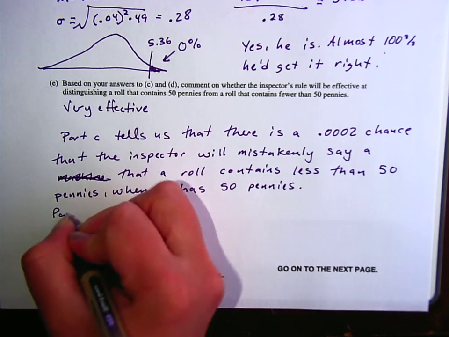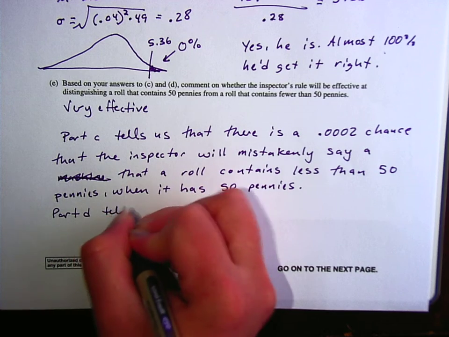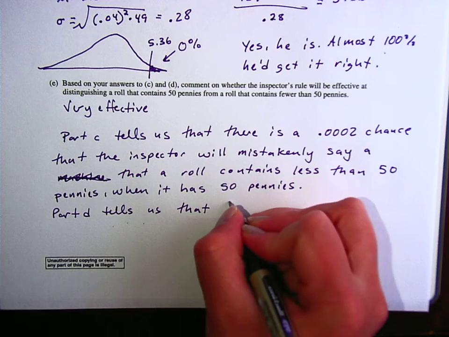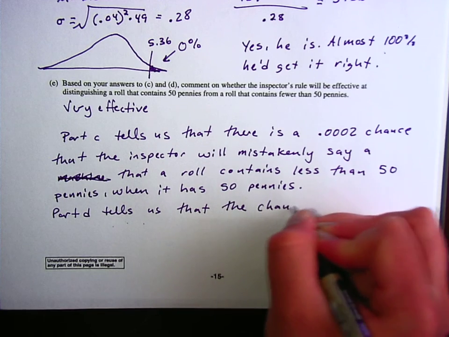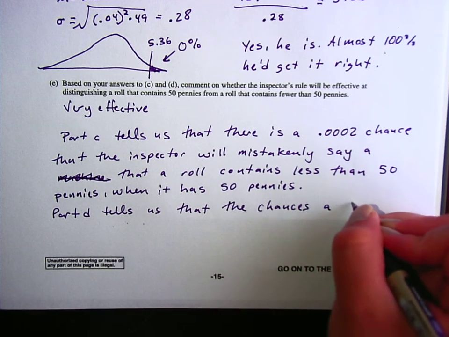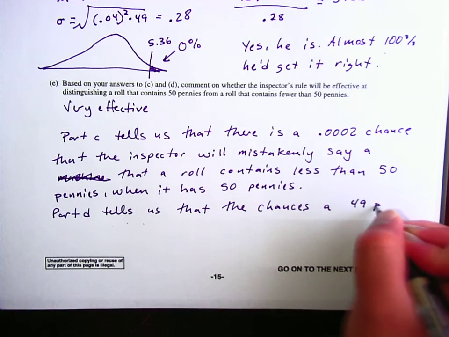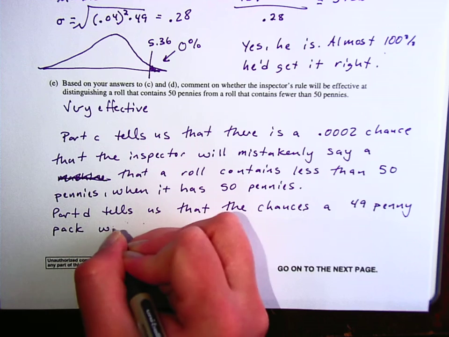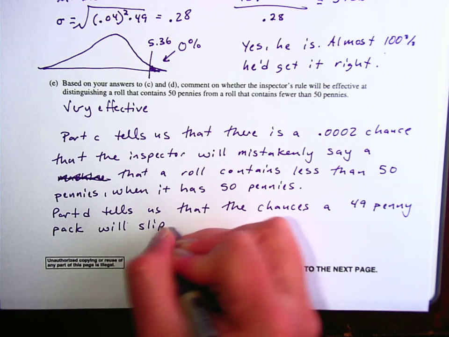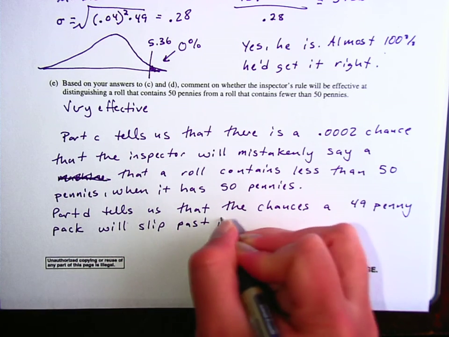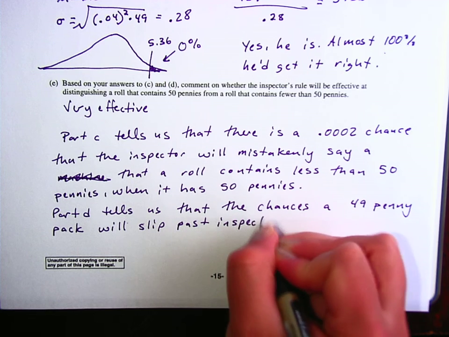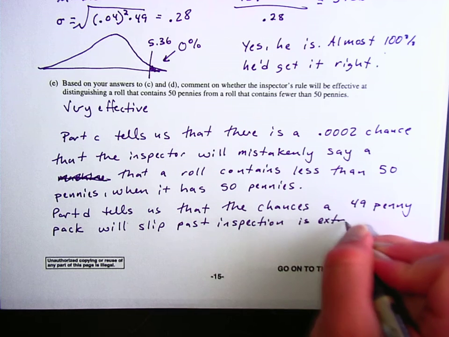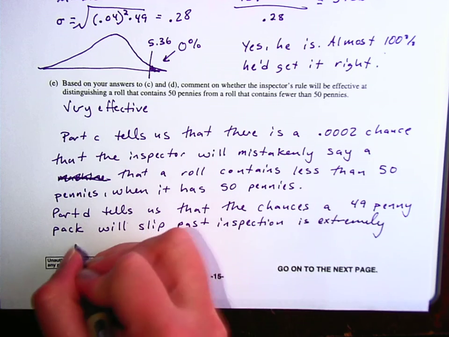And then part D tells us that the chances of a 49 penny pack will slip past inspection is extremely unlikely.